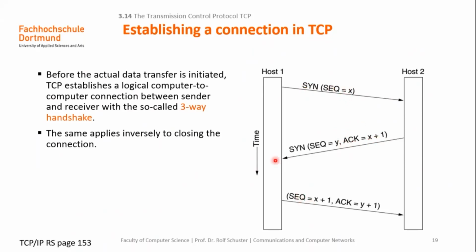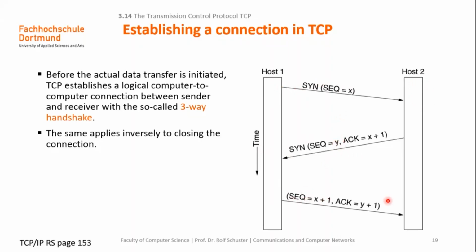And finally, from this end system, we confirm the correct reception of the sequence number of this segment. Remember, this is the numbering of the data from host 1 to host 2. This is the numbering of the data from host 2 to host 1.